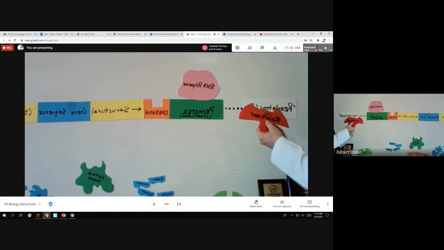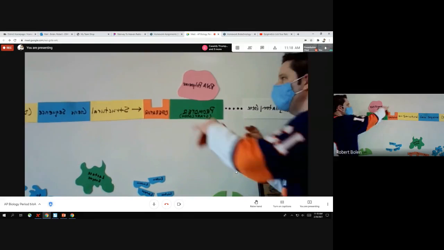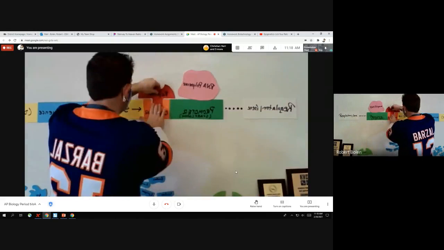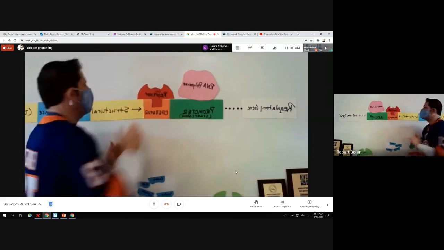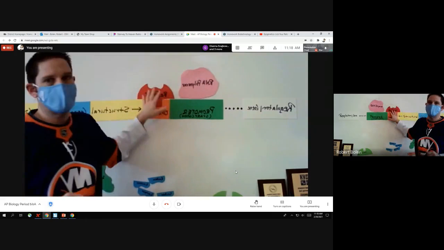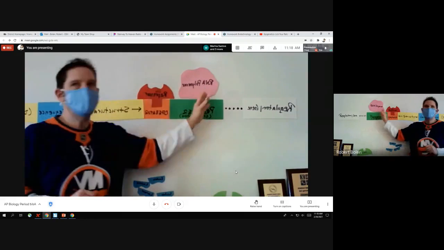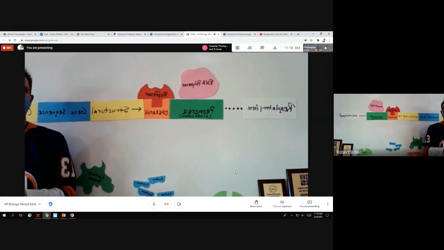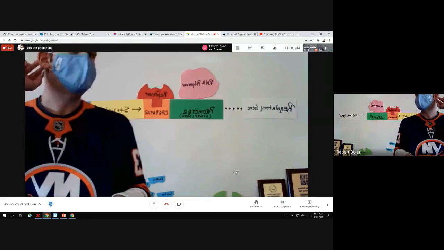So if a repressor protein is made in the active state, it has a structure that allows it to bind to the operator, okay? And when it's bound to the operator, this RNA polymerase can't get through. So what are we preventing from happening? What process? Not translation.